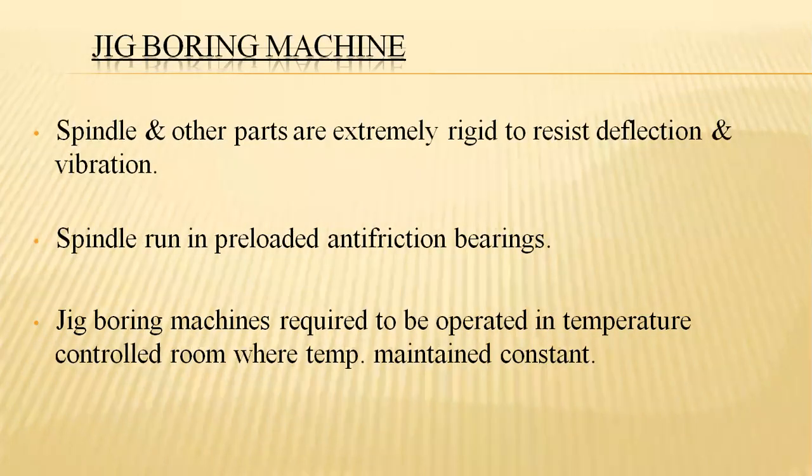Here, the spindle and other parts are very rigid in order to resist deflection and vibration, so that perfect dimensions are achieved without any deviations. Even the spindle runs in preloaded anti-friction bearings.